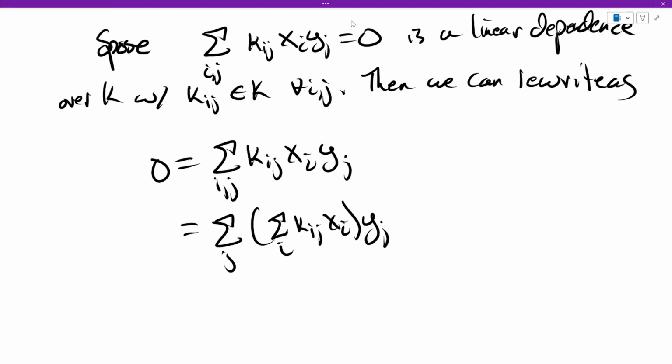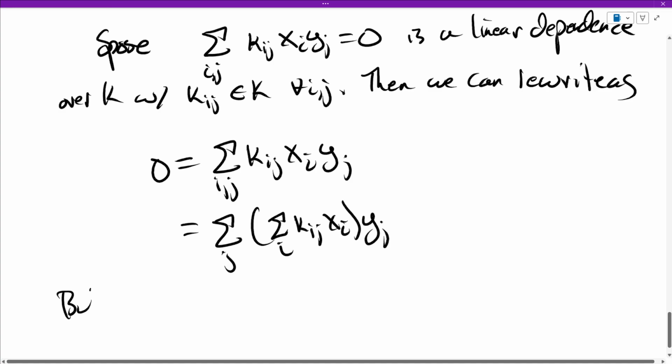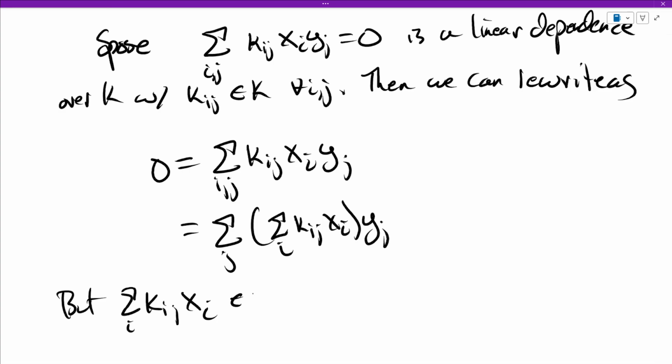But these guys here are k-linear combinations of the x's, and the x's were a basis for L over k.